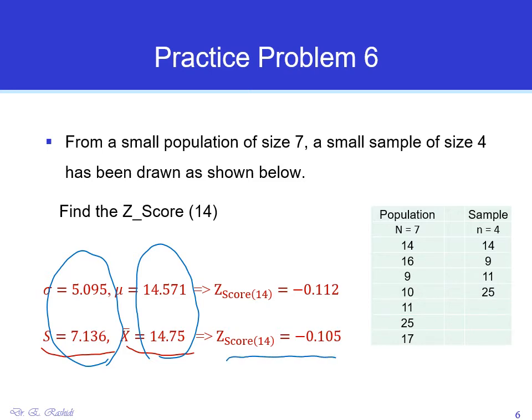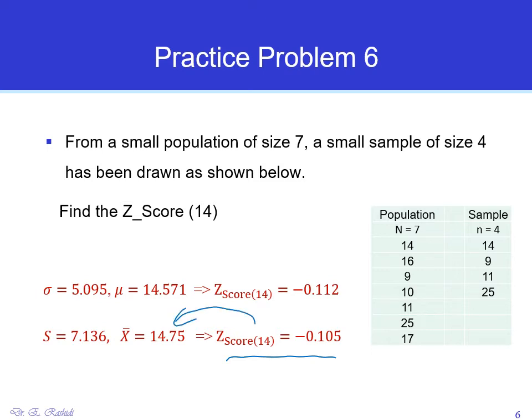So the Z-score for the sample for 14 is negative 0.105, which is again a negative, so it means that 14 is below the mean, which it is. 14 is below 14.75, so that's why we have a negative Z-score.